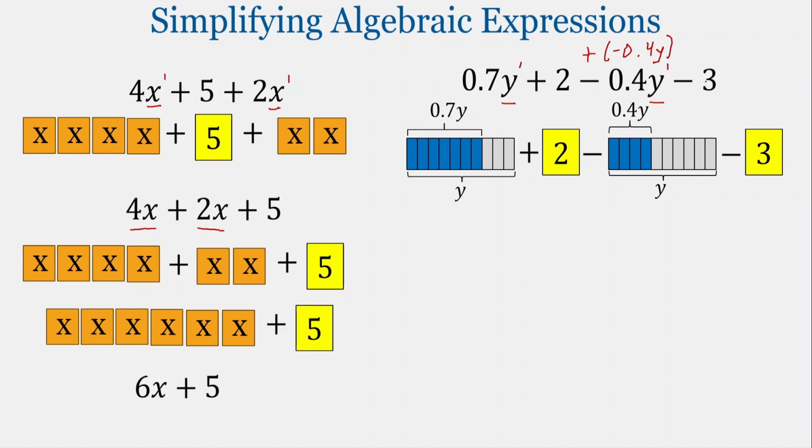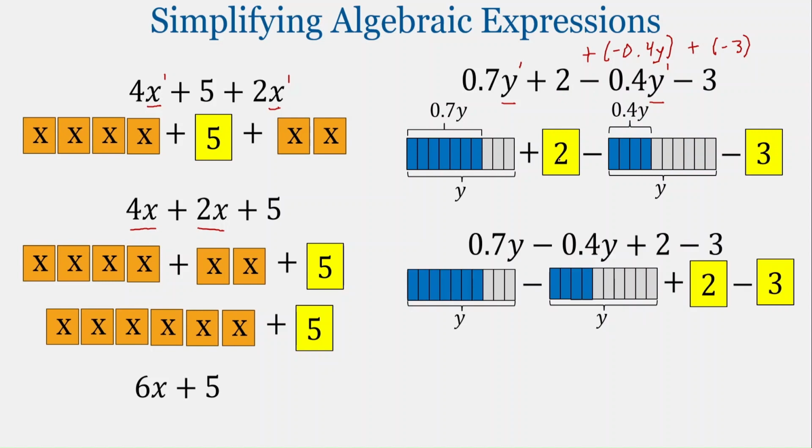And then instead of minus 3, we can write this as plus a negative 3, converting subtraction to addition. And then we can use those properties of addition to reorder our algebraic expression and group our like terms together. So this here is plus a negative 0.4y, which we can then convert back to subtraction. And then the minus 3 was plus a negative 3.